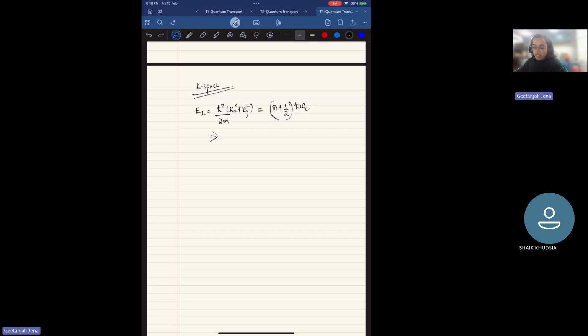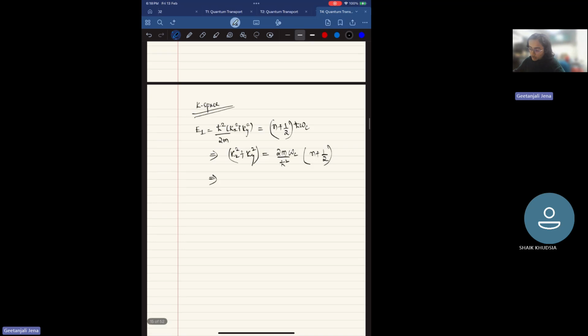So to find out the area, we need the radius. For the 2D case, this is a cyclotron orbit, so it's like a circle around a center. So if we know the radius, then we can find out what will be the area occupied by each Landau level.